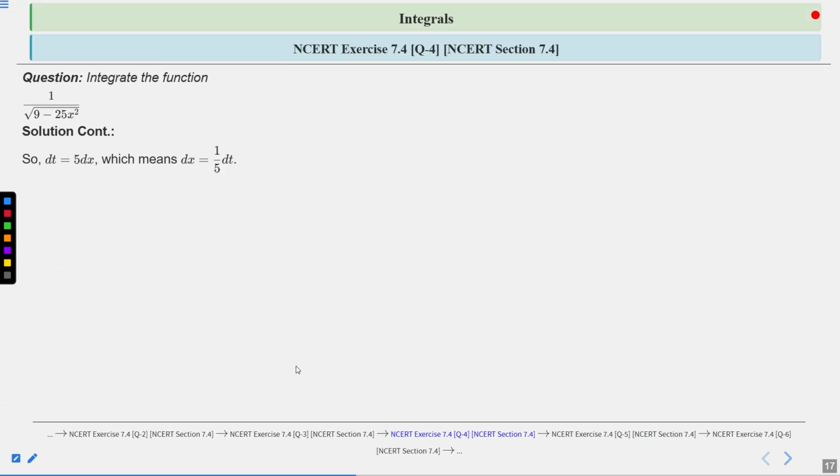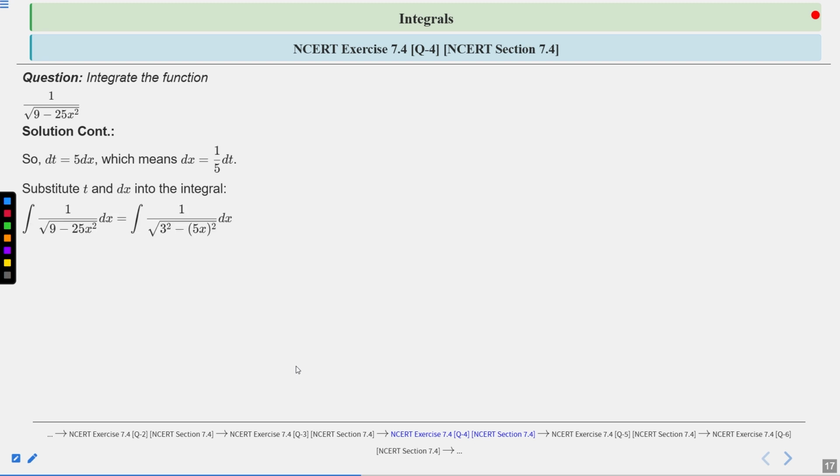So we can write dt is equal to 5 dx, which means dx is equal to 1 by 5 dt. Now we can substitute t and dx into the integral.